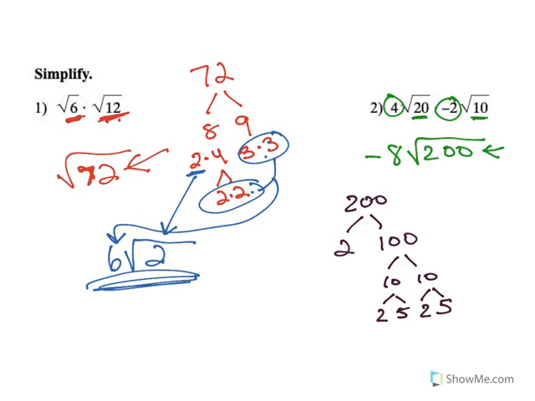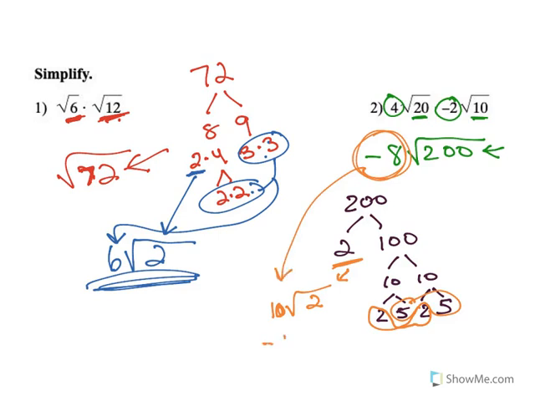And so that gives us a pair of 5s, if you will, and a pair of 2s, and a leftover 2. So 5 times 2 would be 10 outside. Whoops. And that 2 left over would be inside. But you have this negative 8 out here that you have to multiply by your 10. So it's really negative 80 radical 2. If you need to, go back and listen to that again.